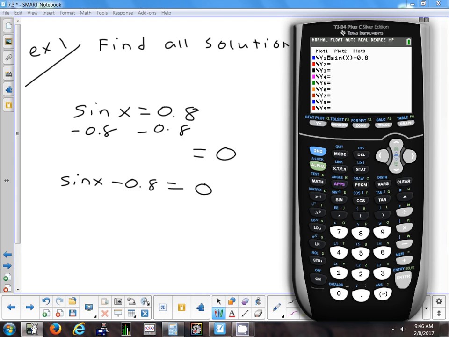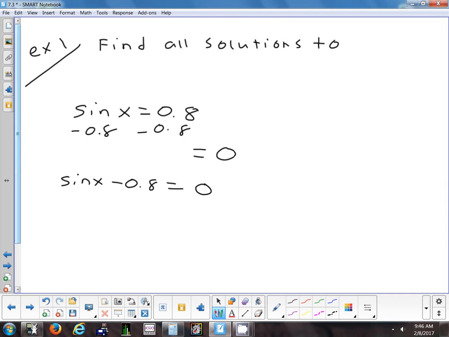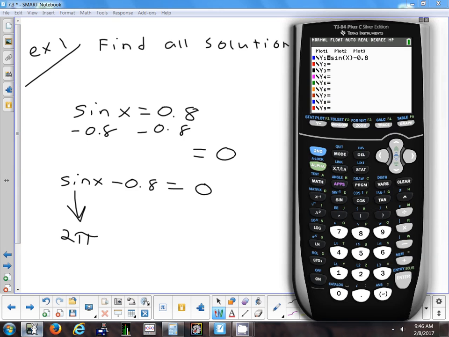But the first step was to find all solutions in one period. So what's the period of sine? 2 pi in radians. So now, when I set up my window, I need to set it up so that the difference between the x min and the x max is 2 pi. What's one way I could do that?